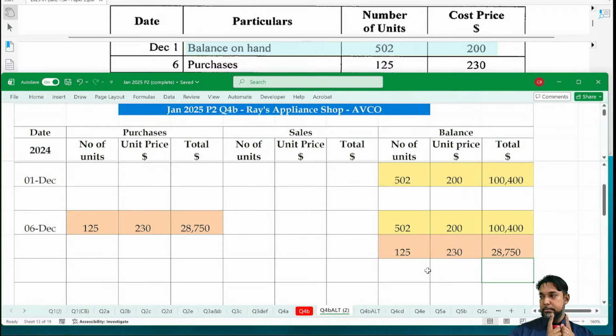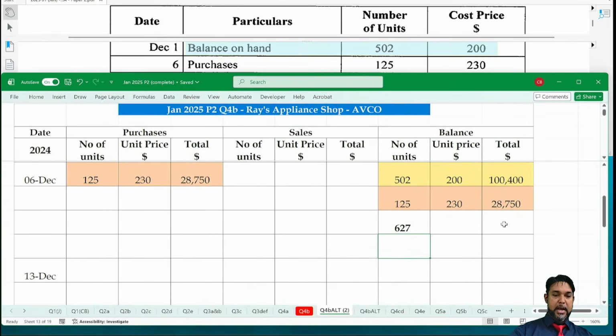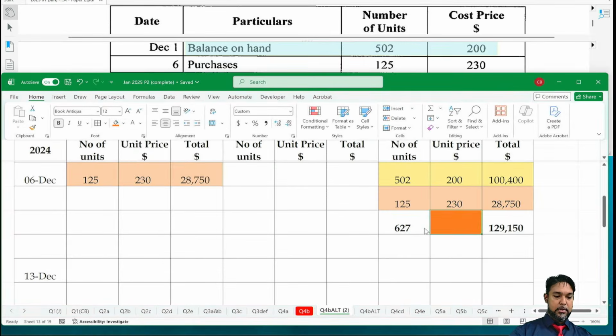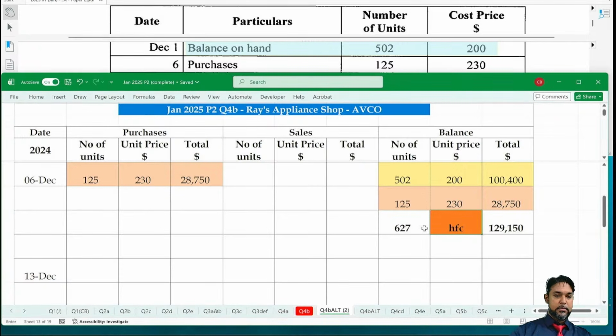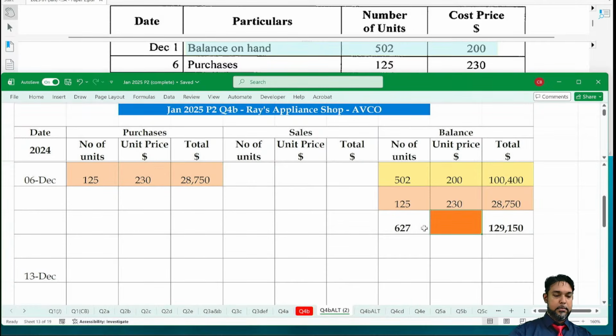Now, this is the important part here. We add up the units. We add up the total cost. And then, this is the crux of the matter here. I'm going to put that in a bright orange. To get the figure inside here, which is the weighted average unit cost, you take the total value and divide by the total number of units.